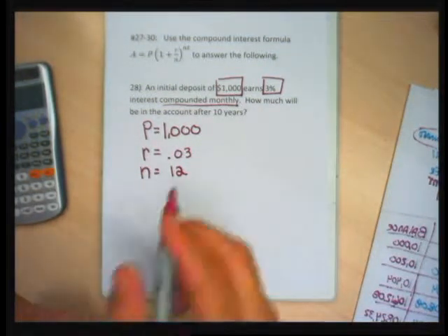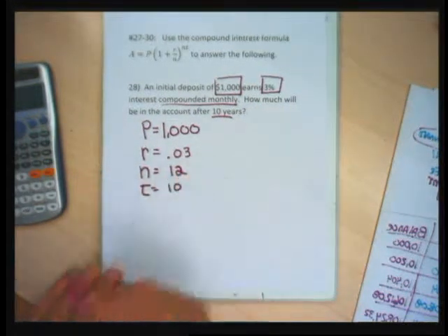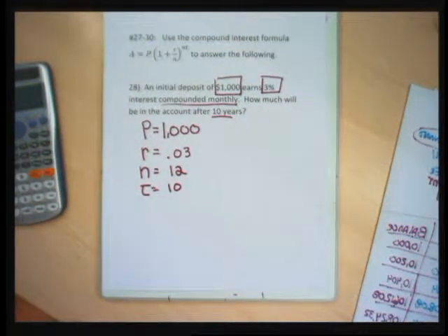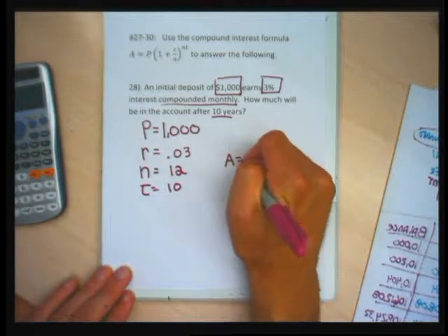And then how much will be in the account after 10 years? The T is going to be the 10 years. So I'm going to take those numbers and plug them into the formula, so I'll be able to answer the question: how much money is this account going to grow to in 10 years? So A is the amount of money I'm going to have in the future.